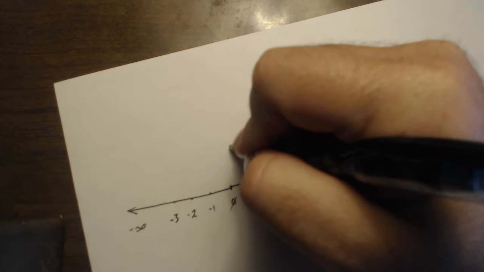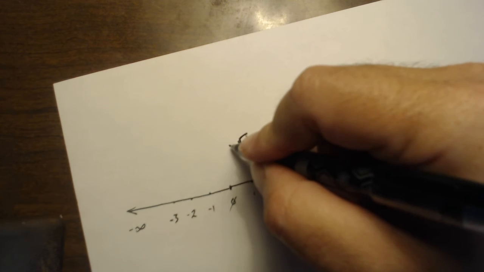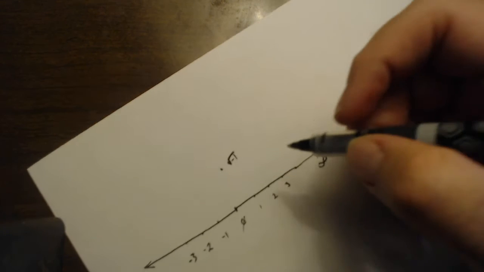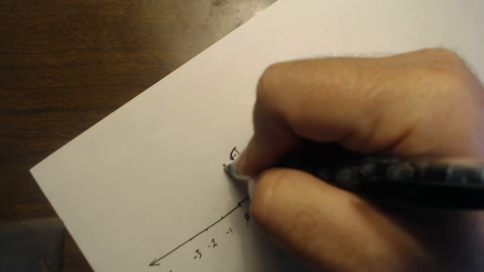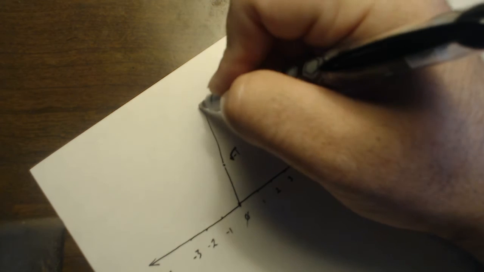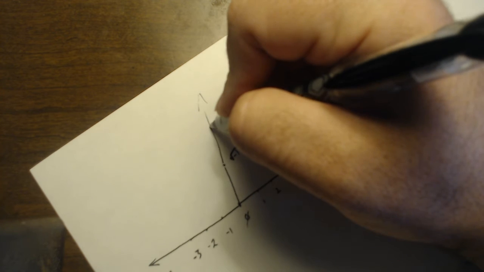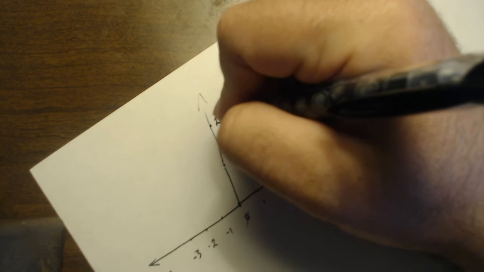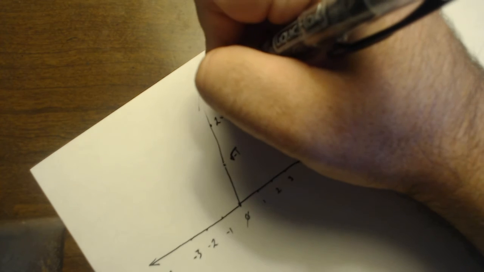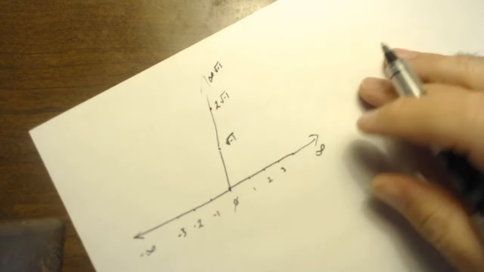Well, if we take that and we multiply it by 0, what happens? We get 0. So we end up with a line, and we can certainly scale it up. So 2 square roots of -1 would be up here, and this would be an infinite number of square roots of -1.